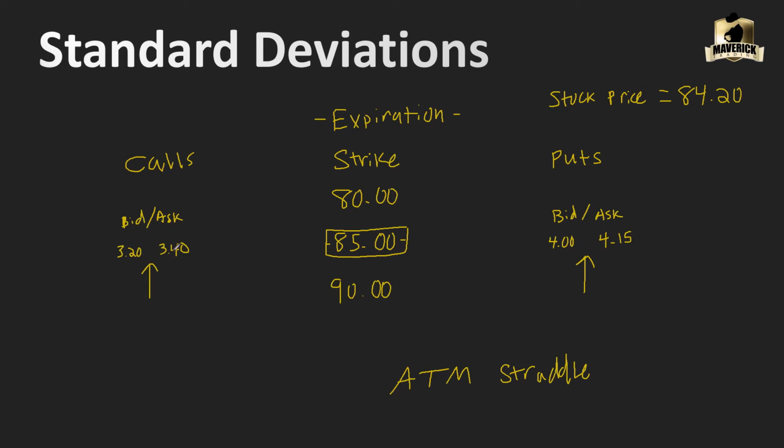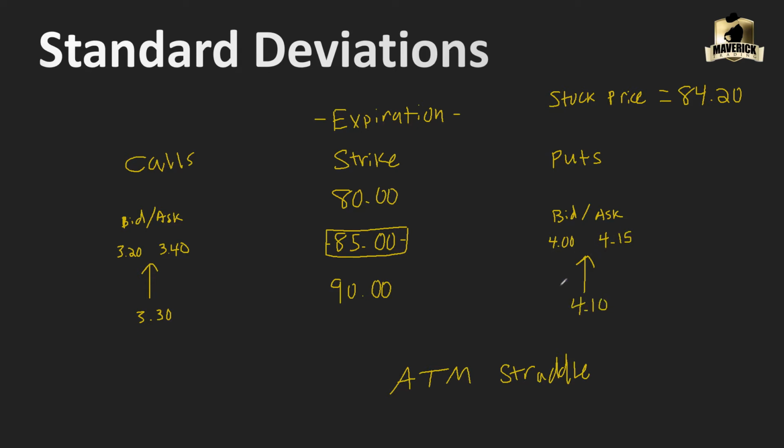So what's the midpoint between 3.20 and 3.40? Well, it's 3.30. And we don't need to be too scientific with this. What's the midpoint between 4 and 4.15? Well, you could say it's 4.07 or 08 or something. I don't even do that. I just say, okay, in the middle is about 4.10.